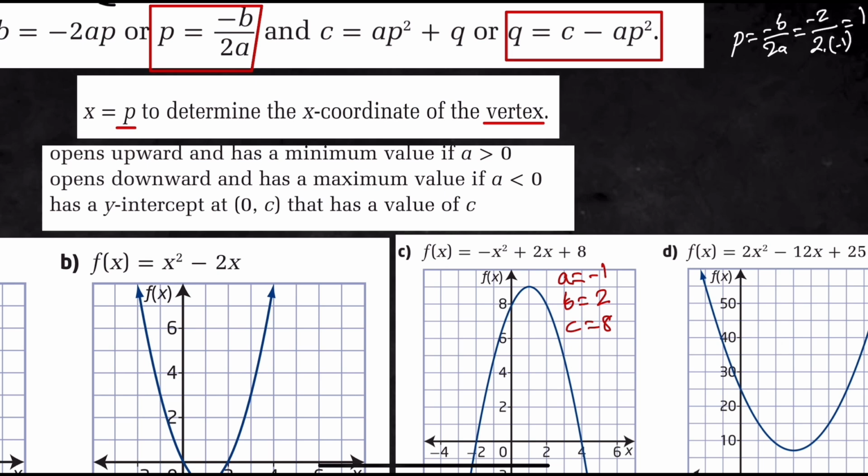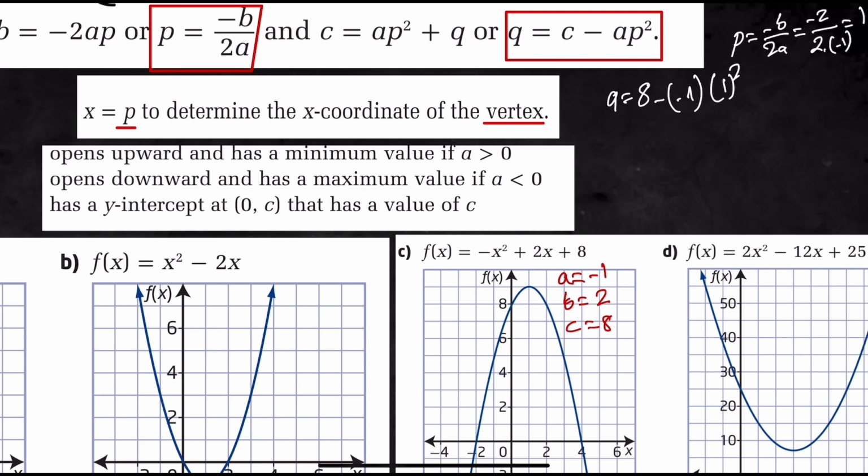Now let me find my q. From this equation, your q is c, which is 8, minus a, which is minus 1, times p squared. My p squared is 1 squared.